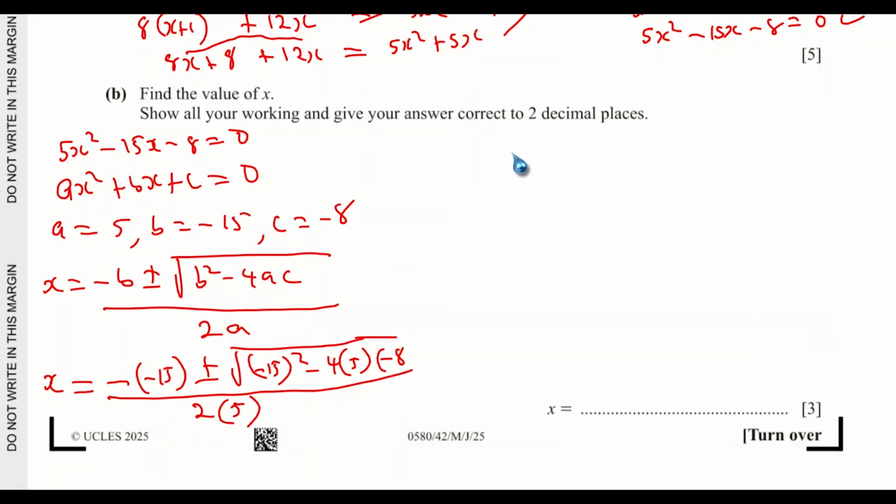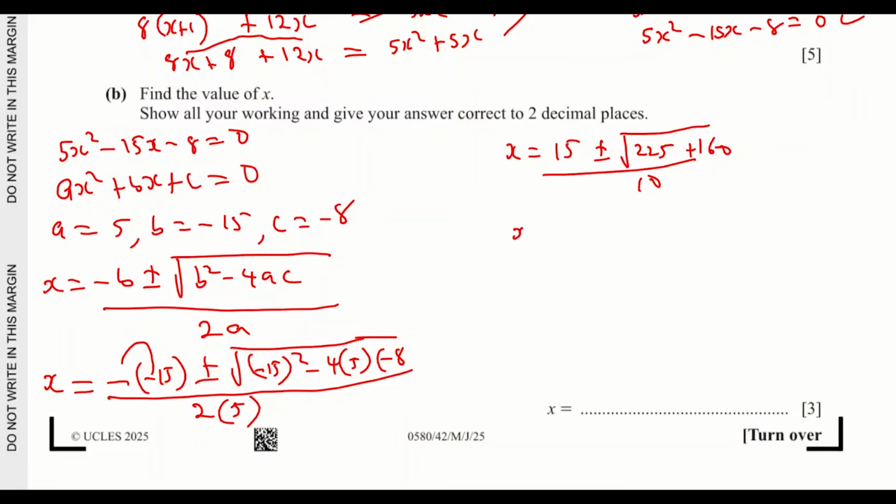Okay, so let's simplify that. Negative negative will become positive. We have 15 plus or minus the square root of negative 15 squared, that will be 225. Then minus 4 times 5, that is minus 20. Minus 20 times minus 8, so that is plus 160. Then over 2 times 5, that is 10.